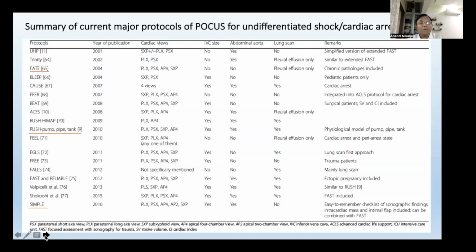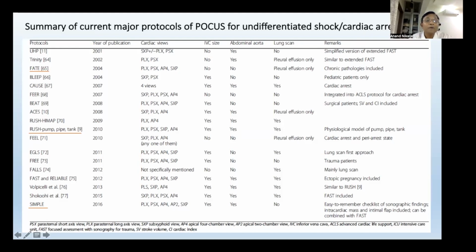So multiple protocols of point of care ultrasound are recommended for undifferentiated shock or even cardiac arrest. And cardiac arrest is another area where ultrasound and echo is emerging as a very important tool. If you see the list of protocols from 2001 to 2016, almost 16 to 18 protocols have been proposed.